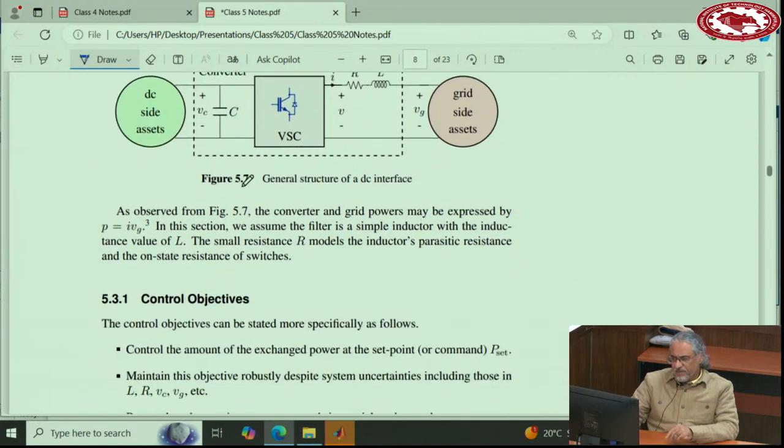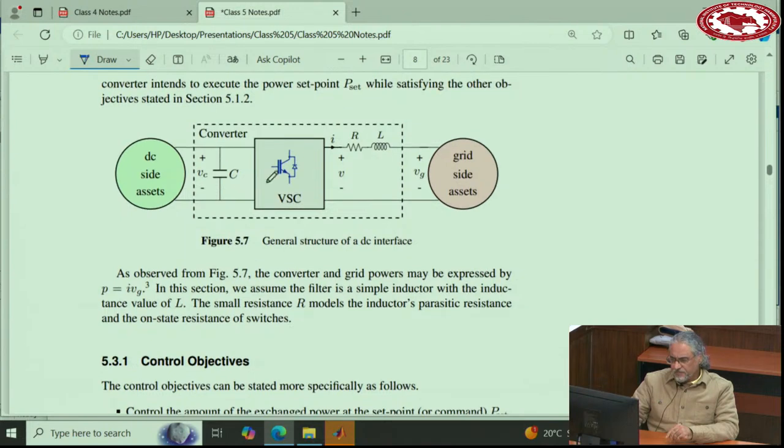So when we say power, if the power at this point we consider, that will be I times Vg here. If you consider the power here, it will be I times V. There will be a slight difference between the two, but not a significant difference. It's only a matter of power loss across this resistor, which is not supposed to be a large number.